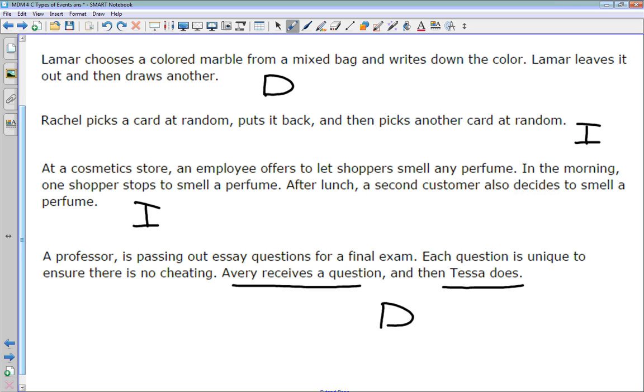Absolutely. They are dependent because each question is unique. So once Avery has gotten his or her question, that question isn't available for Tessa to get. So the chances of her getting that particular question have gone to 0, and she's more likely to get a slightly different question. Okay? So that is independent and dependent events.